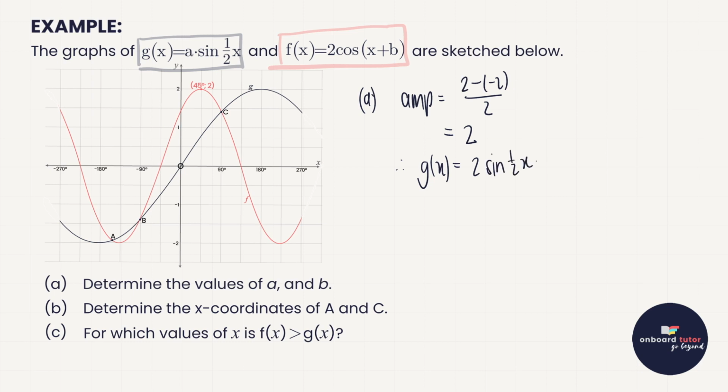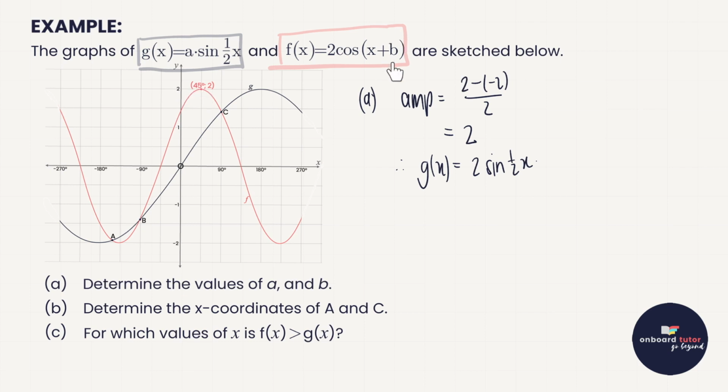And then cos x plus b, if they want this b value here, the cos graph normally starts at 1 and then goes down. Okay, in this instance, the highest point, my maximum, is normally on this y-axis. It is the graph of 2 cos, so my highest point is now going to be at 2, which should be there, but it's 45 degrees to the right.